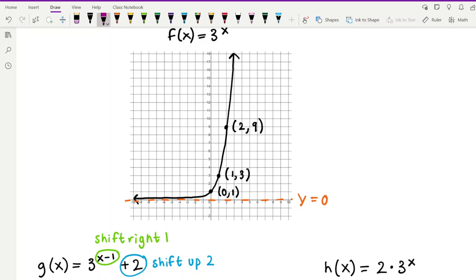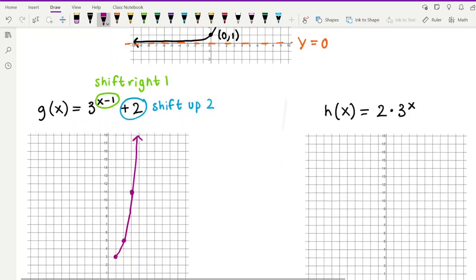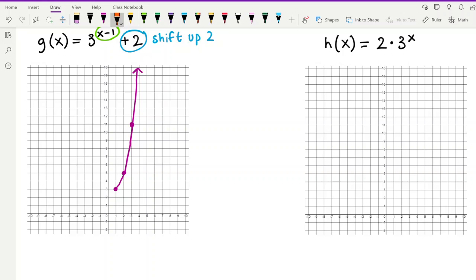Well, the horizontal asymptote should be moved up 2 as well. If we pick the whole graph up and move it up by 2, it would make sense that the horizontal asymptote would also go up by 2. So I'm going to go ahead and put that in here. Our horizontal asymptote will now be at y is equal to 2 instead of at y is equal to 0. And then from here we can just draw the shape of the graph the way that we know it goes, letting it slowly get closer and closer to that horizontal asymptote.